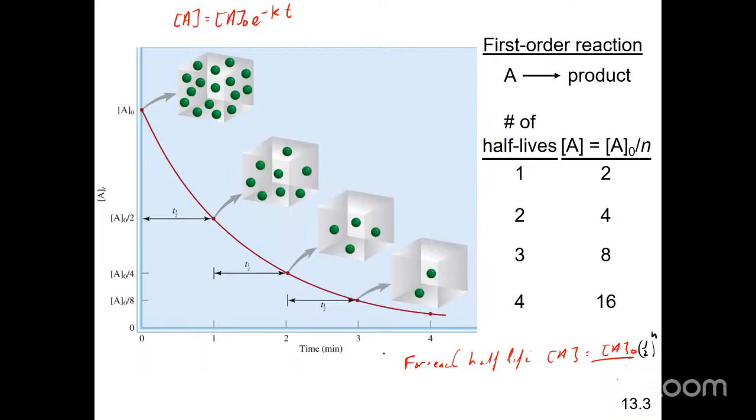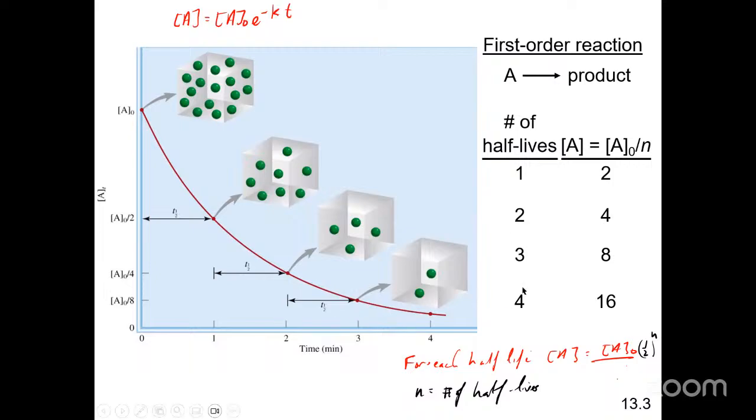So that's another way of stating the relationship between the concentration of A and A initial, where n is equal to the number of half-lives. Okay, so that's the relationship between the concentration of A and the initial concentration of A.